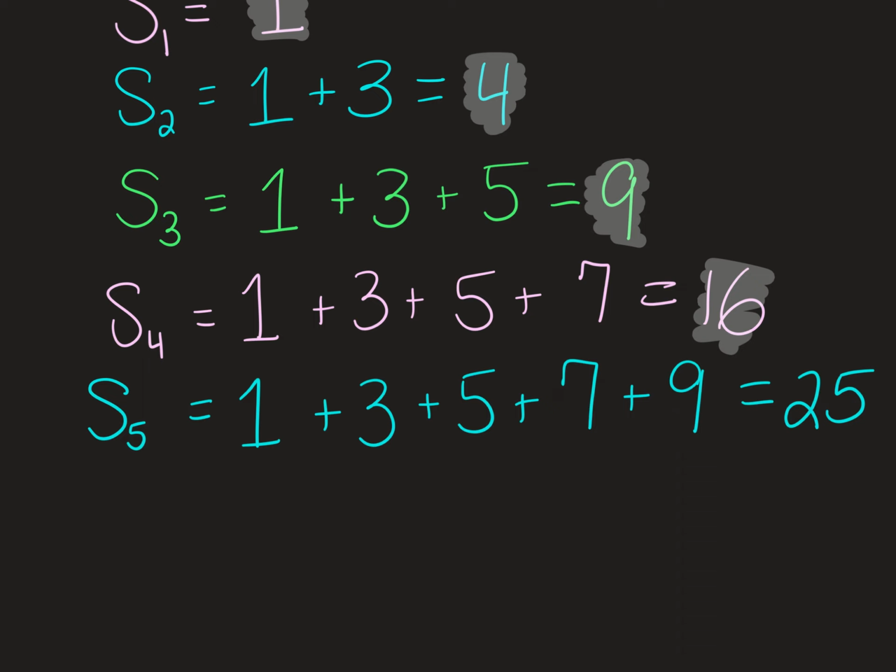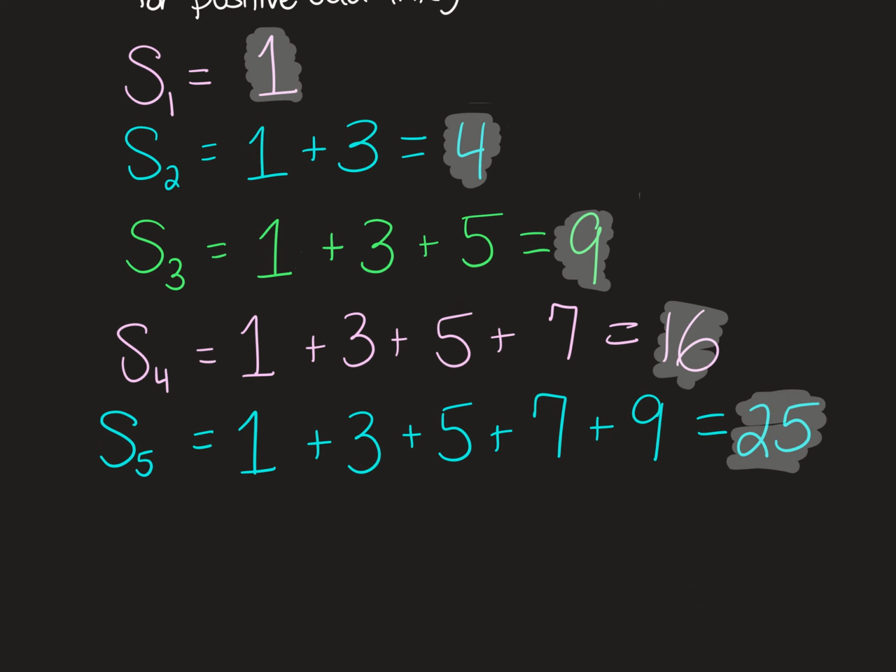Okay, so I'm going to stop there. And I want to just take a look at those first 5 terms in that sum. Okay, so we're finding the partial sums. I'm saying if n is 1, this is my sum. If n is 2, 4 is my sum. If n is 3, 9 is my sum. Okay?